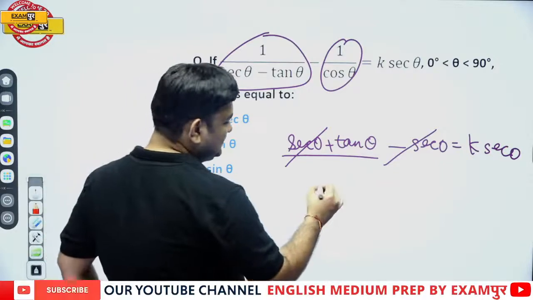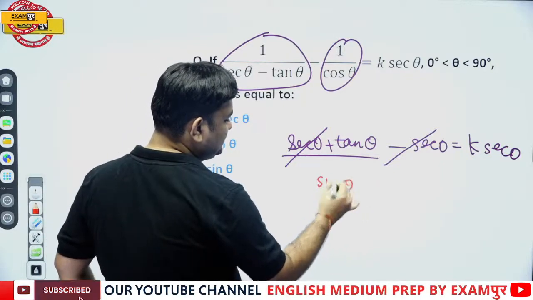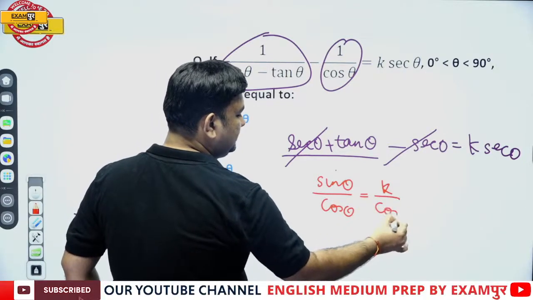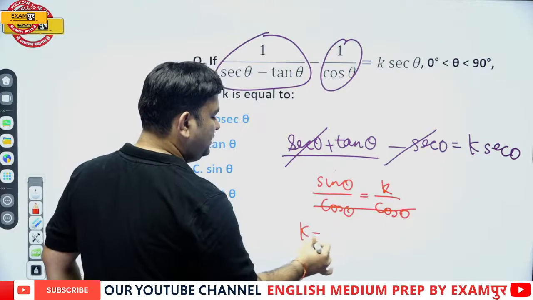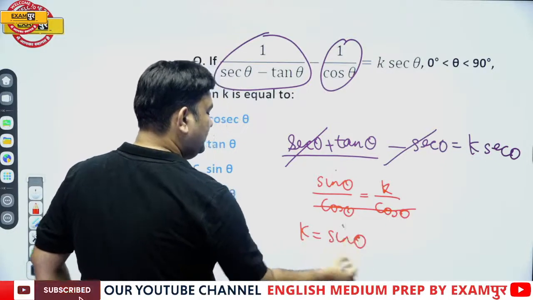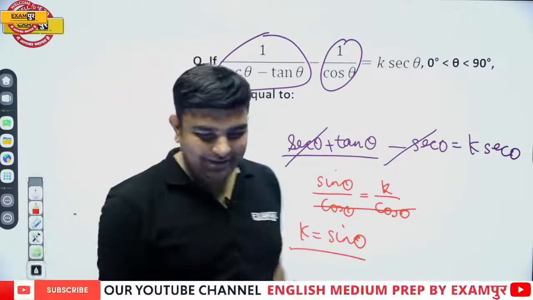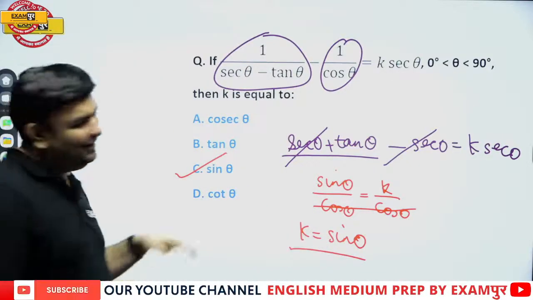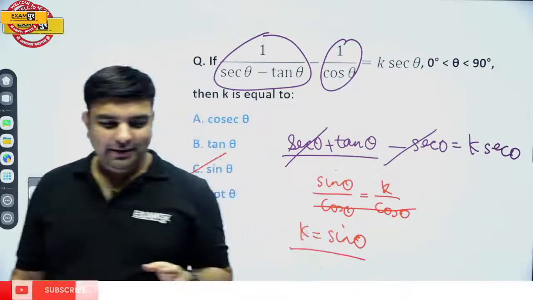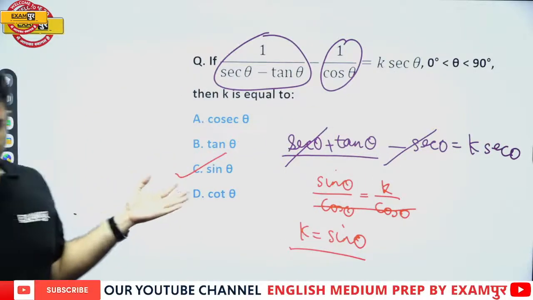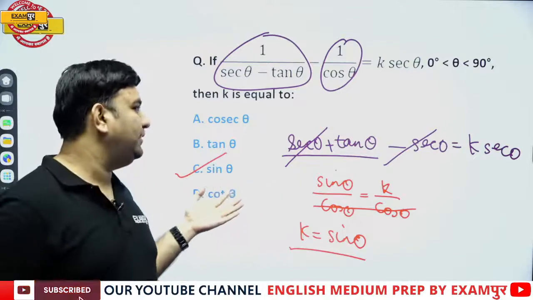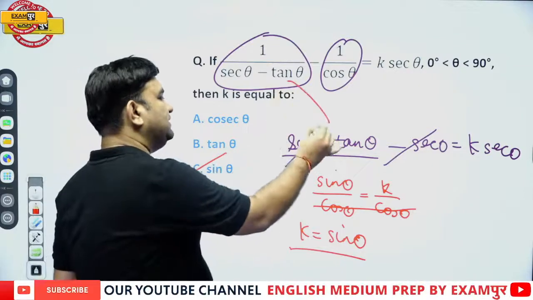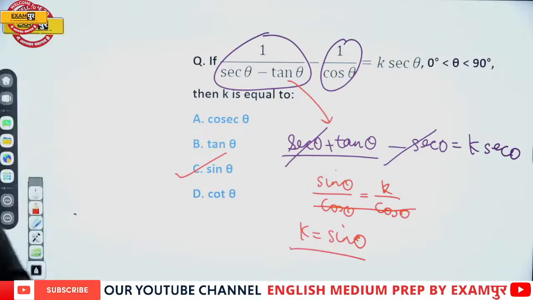So tan theta is sin theta over cos theta, and sec theta is 1 upon cos theta. So k comes out to be sin theta. This question will never forgive me. It was made complicated, but ultimately we made it very simple by the use of this property of conjugates.